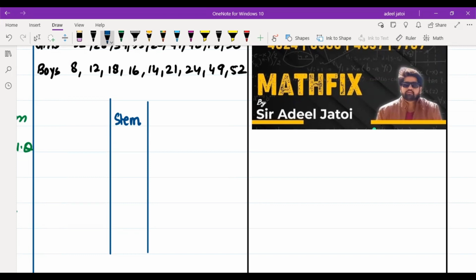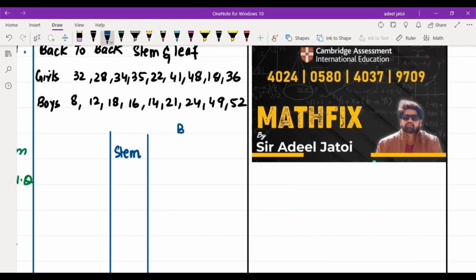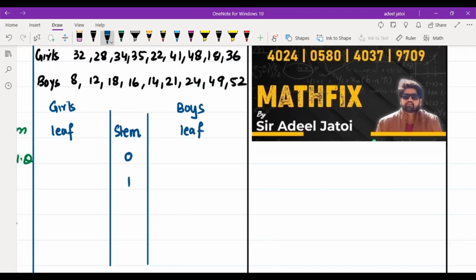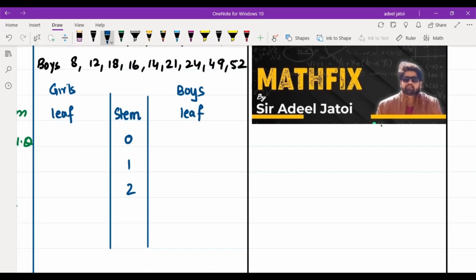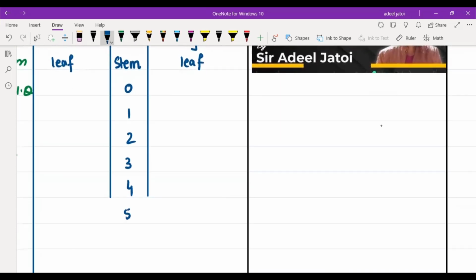Let's say your boys are represented on the right-hand side, whereas girls are represented on the left-hand side. We are representing the leaves. Your starting value is 0. Then we have 1, 2, 3, 4, and we'll move forward till 5.